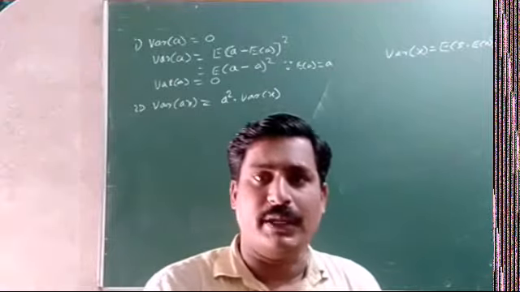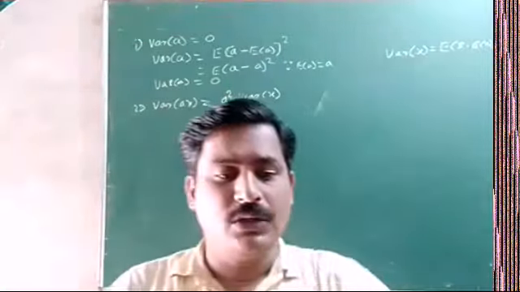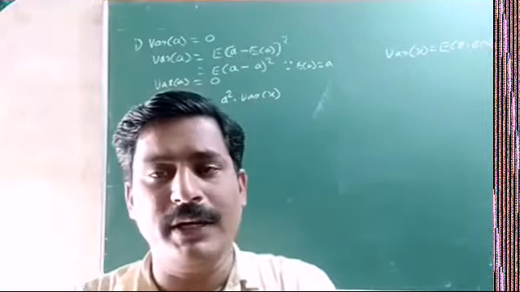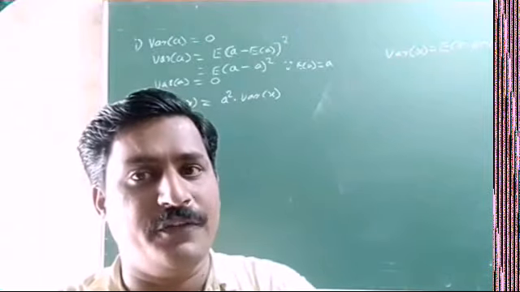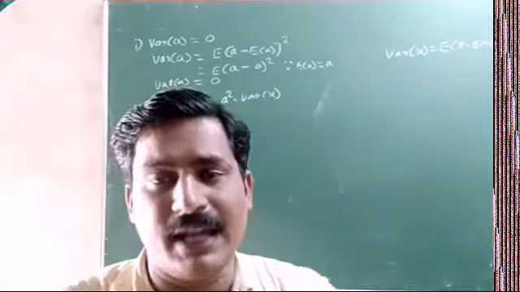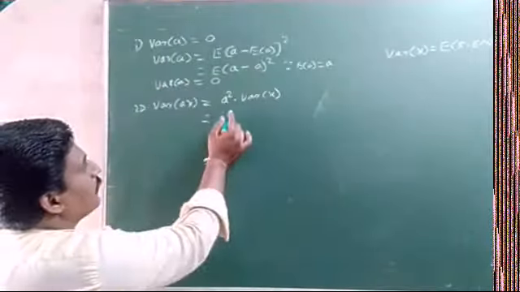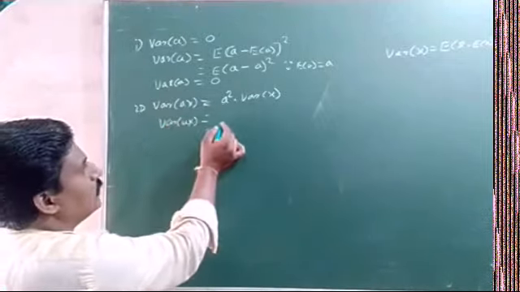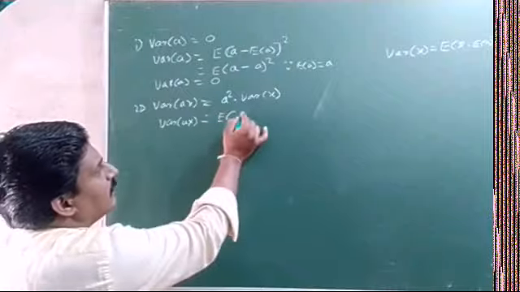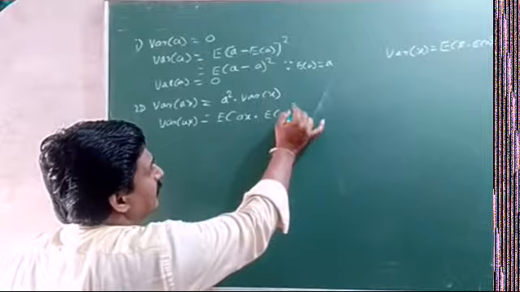How to prove that? So again, go with the same formula. Variance of X is equal to E of X minus E of X whole square. So now AX is there. So in the place of X, put A into X. Now it becomes variance of AX is equal to E of AX minus E of AX whole square.